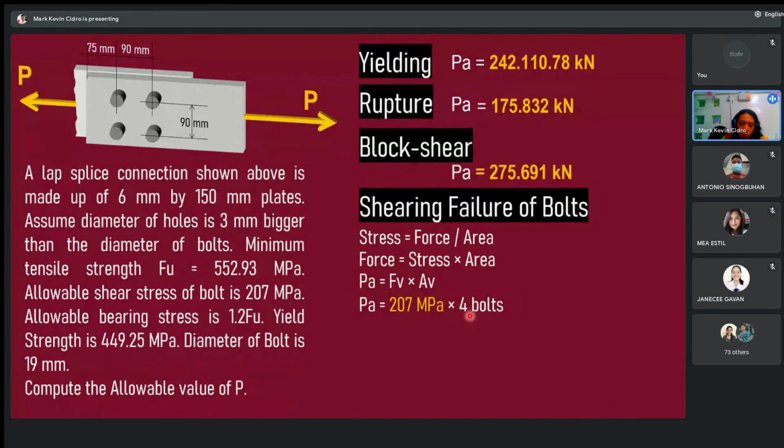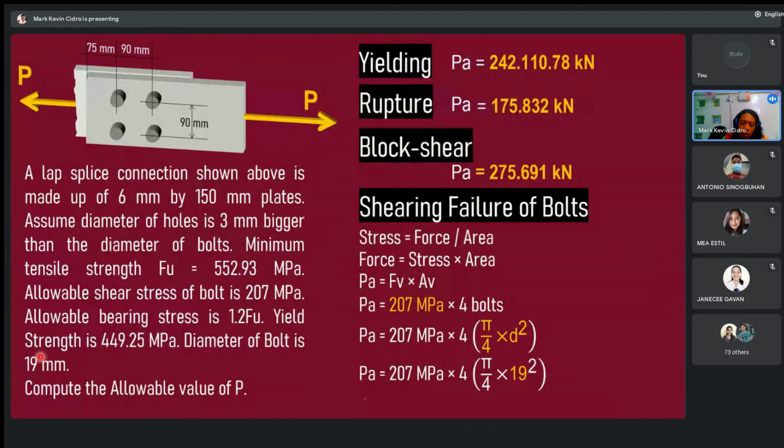Ano man nga area? There are 4 bolts. Times pi over 4 times the diameter of the bolts squared. Diameter of the bolts is 19. The result is 234,761.79 Newton. Any question?